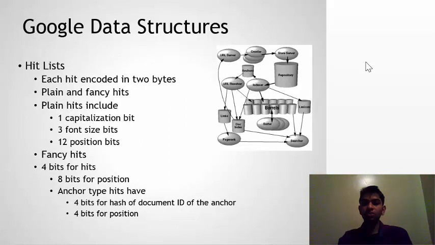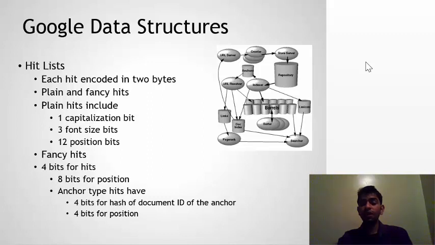Hits are generally stored in 2 bytes, and they are of 2 types: plain hits and fancy hits. Fancy hits are subdivided as 4 bits for type, 4 bits for hash, 8 bits for position.